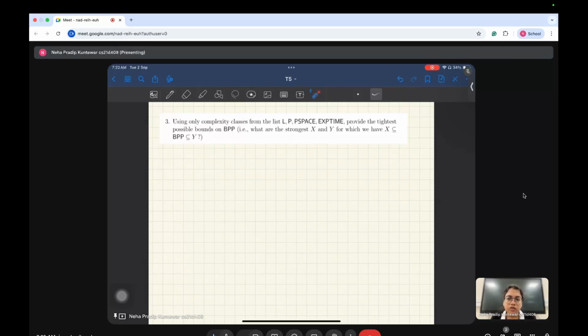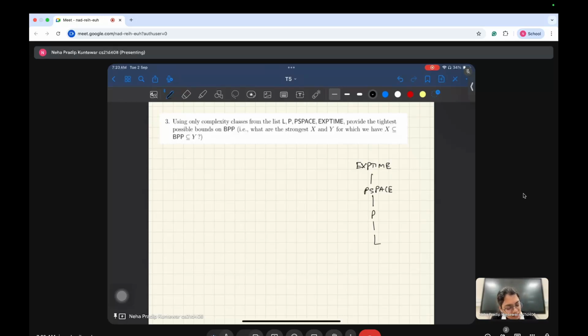Okay. So I'll move on to the next question. We're given these complexity classes, L, P, PSPACE, EXPTIME, and we definitely know the hierarchy that L is contained in P, which is contained in PSPACE, which is contained in EXPTIME.